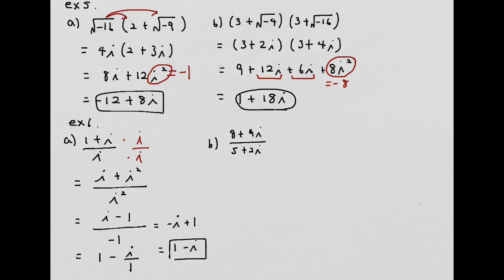What about if we have two terms on the denominator? Remember, in order to rationalize the denominator with two terms, you're going to multiply by the conjugate, right? The conjugate of this denominator will be 5 minus 2i. So you're going to multiply 5 minus 2i to the numerator also.